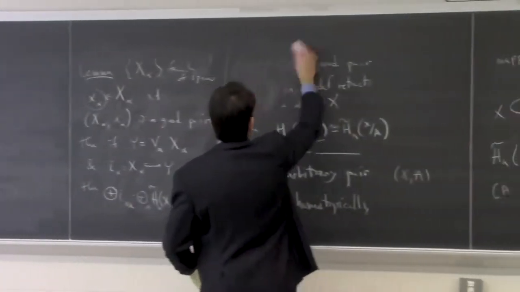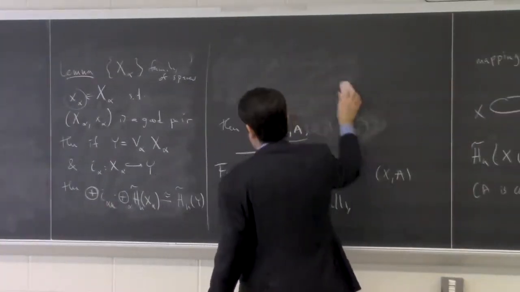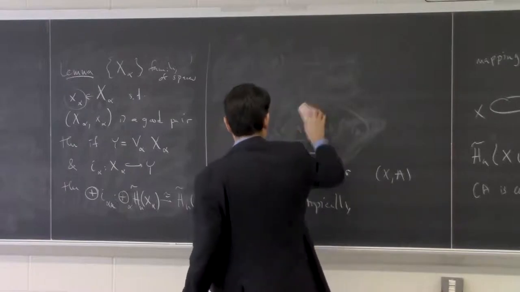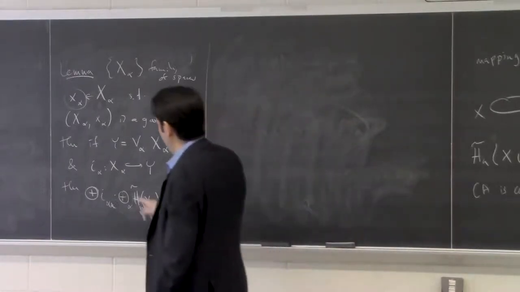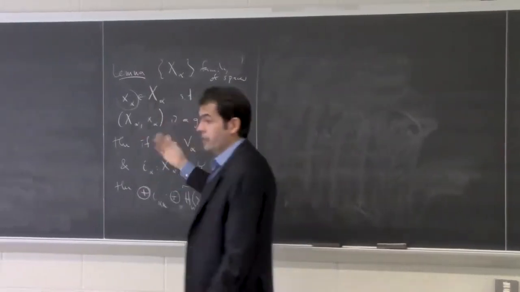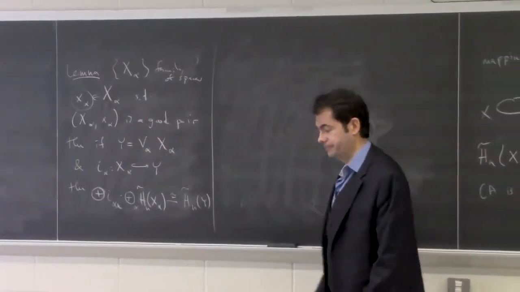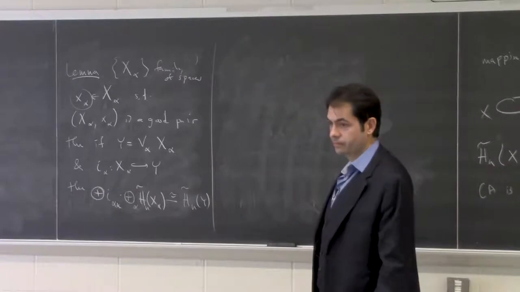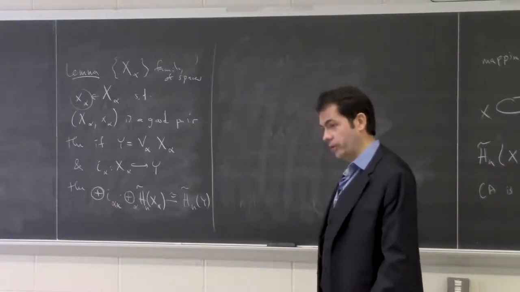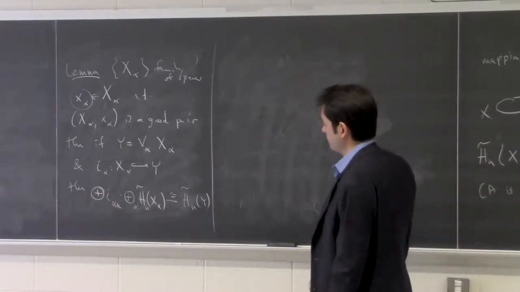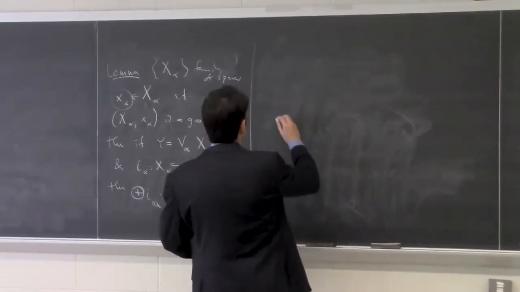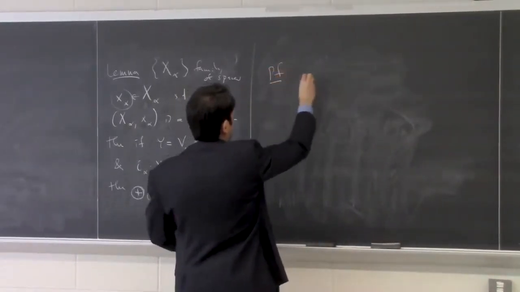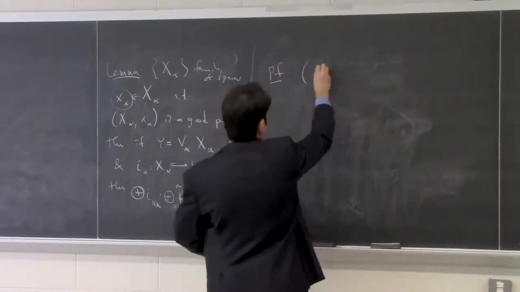So when we say that each of those is a good pair, you mean with the set containing x alpha? Yeah. These points have a neighborhood that deformation retracts down onto them. Direct sum, not direct product? Direct sum, not direct product. Okay, and so the proof is pretty easy.